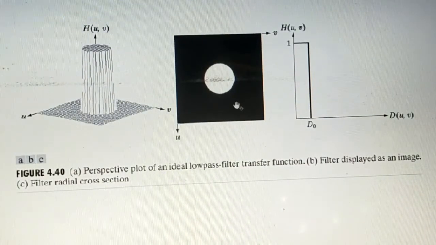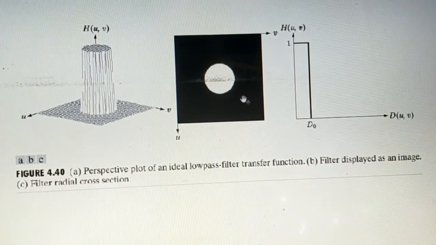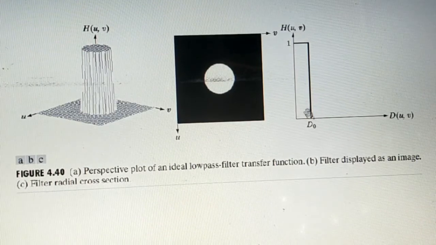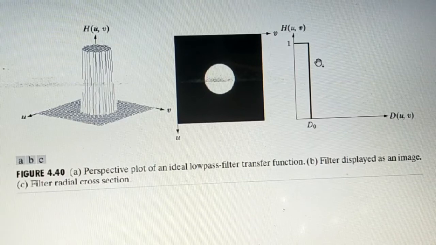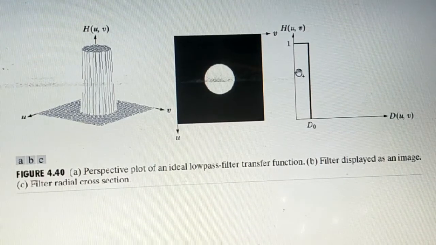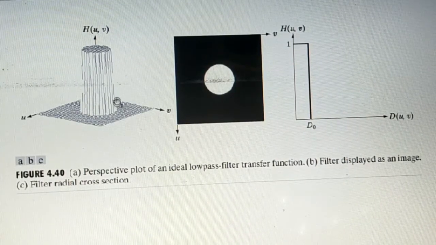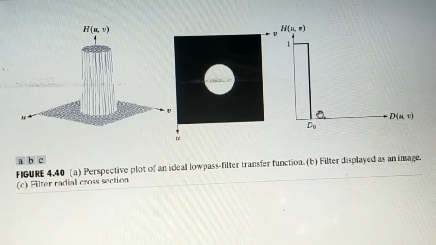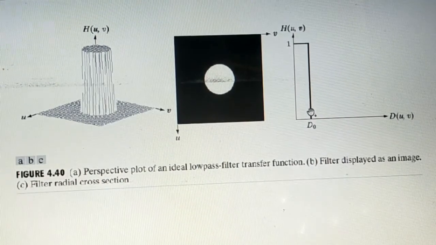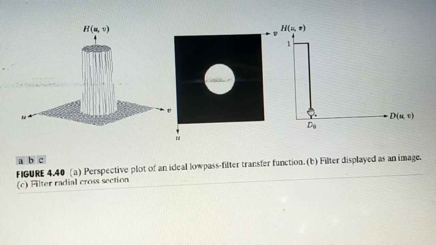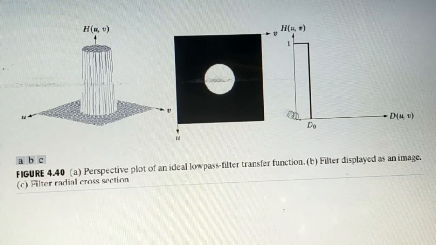So you saw the correspondence between the image plot and the radial cross sectional plot of H(u,v). The same correspondence is expected for the perspective plot of the ideal low pass filter. The perspective plot can be achieved by rotating this radial cross sectional plot by 360 degrees in 3D.